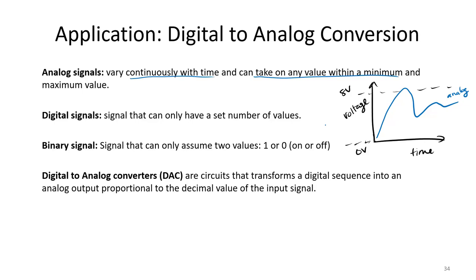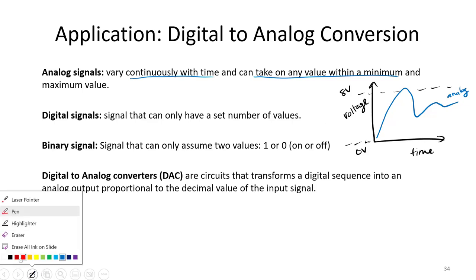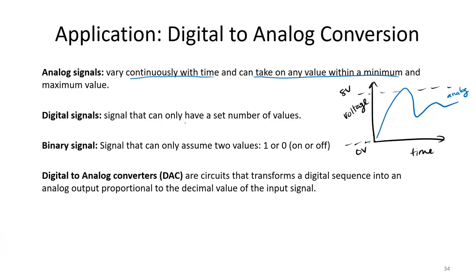That's different than a digital signal. A digital signal can only have a set number of values. So what we often see in electronics is that our signal can actually only have a finite number of values.